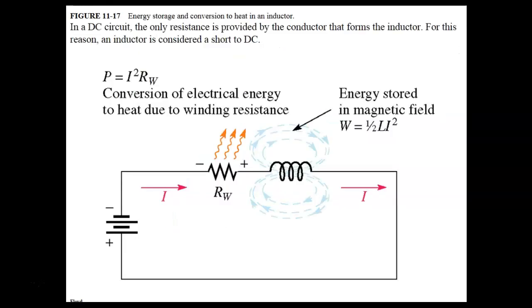So this is what would happen when I first put DC on this thing. These guys hate changing current. Capacitors love changing current; the higher the change, the less opposition. Inductors don't like change.